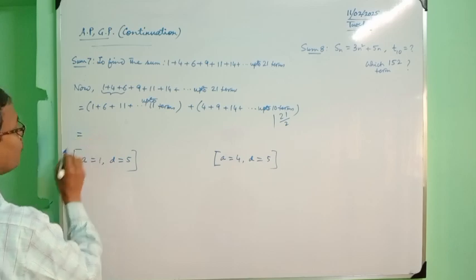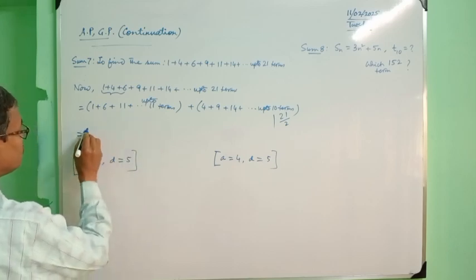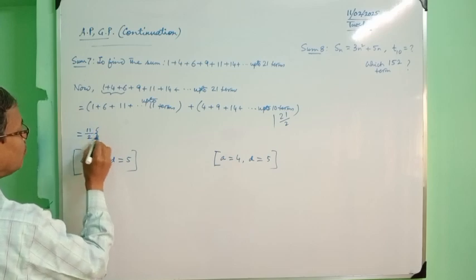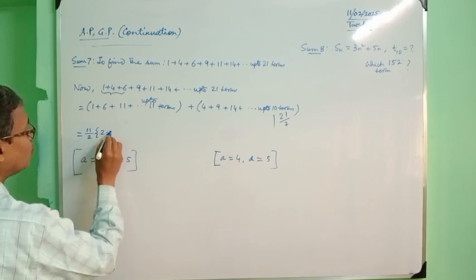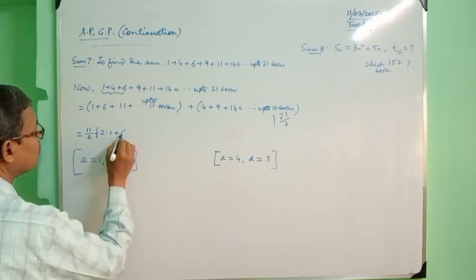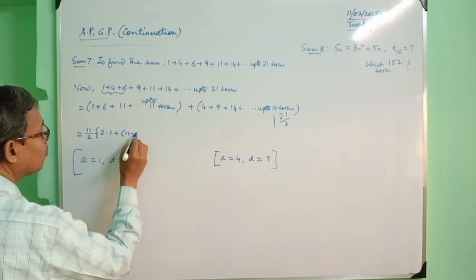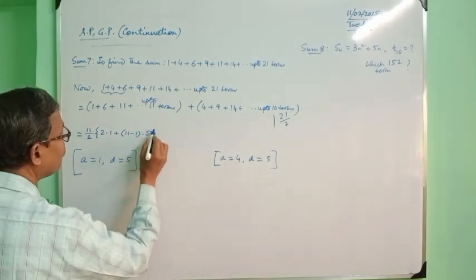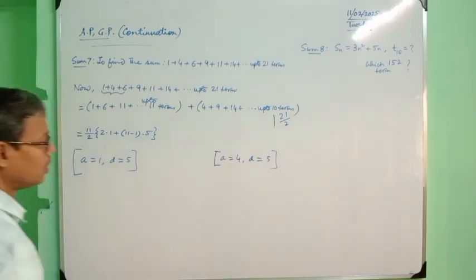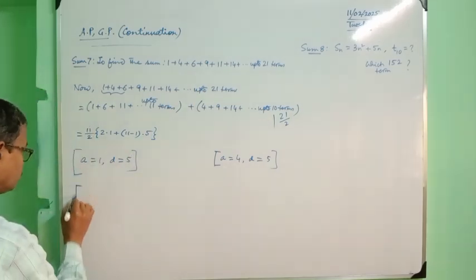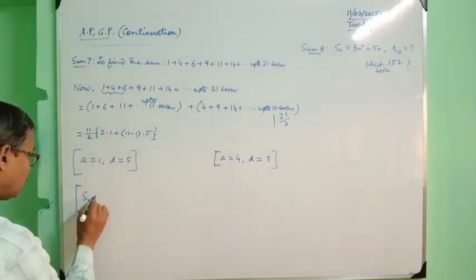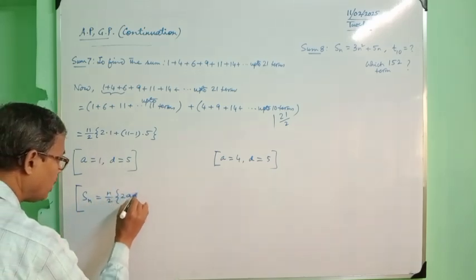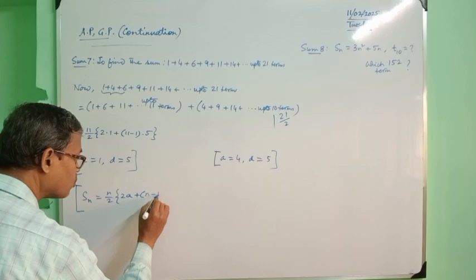N by 2, 11, two into 1 plus 11 minus 1 into D. Try to remember that formula. Sn equal to n by 2 into 2a plus n minus 1 whole into D.